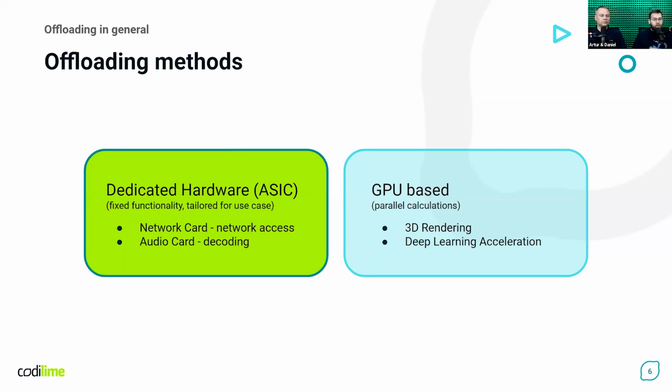We can also choose a GPU as our accelerator. The GPU will be helpful in all scenarios which involve parallel computation and lots of data. Like I said before, it can be used for tasks like 3D rendering or acceleration of artificial intelligence.